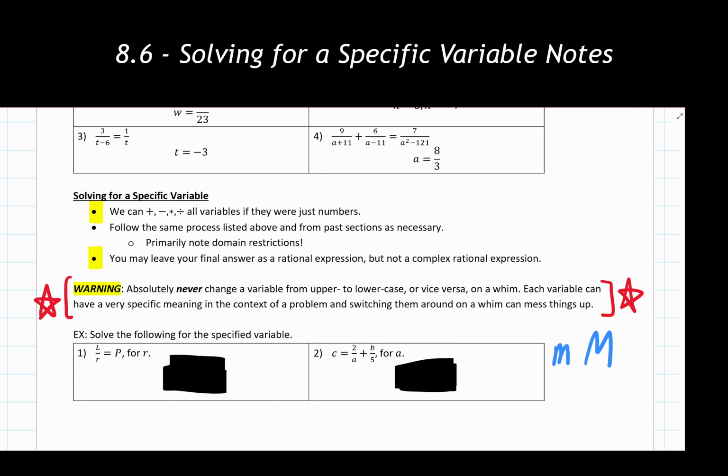So just want to make that note now that as we are going through the examples that are listed here, and as you are going through problems on your own, you can never change uppercase to lowercase or lowercase to uppercase. Even if that might make something a little bit easier to look at, you still do not want to do that. So with that noted, let's dive into our two examples here.